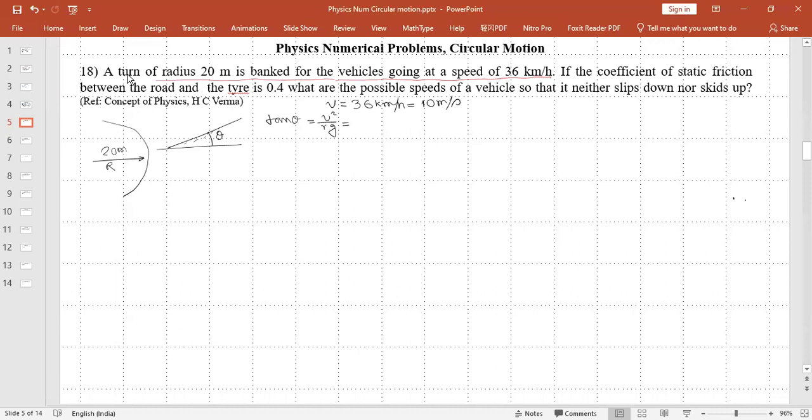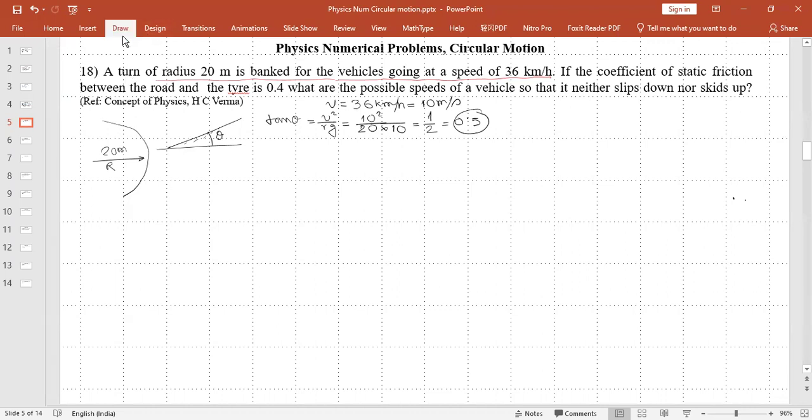This is equal to, v is 10, so 10 square by R, R is 20 meter, it is given, and g is 10. So tan theta is equal to half. This value we shall need to solve the remaining part of the problem.